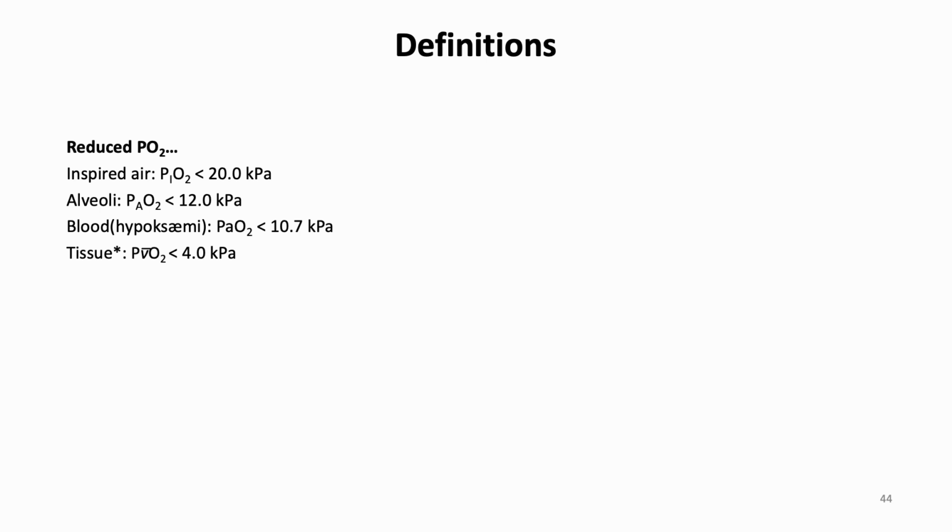So when the oxygen tension decreases below 4 kilopascals, there's probably tissue hypoxia. Now here, this is written for the mixed venous oxygen tension, that is the oxygen tension in the pulmonary artery.